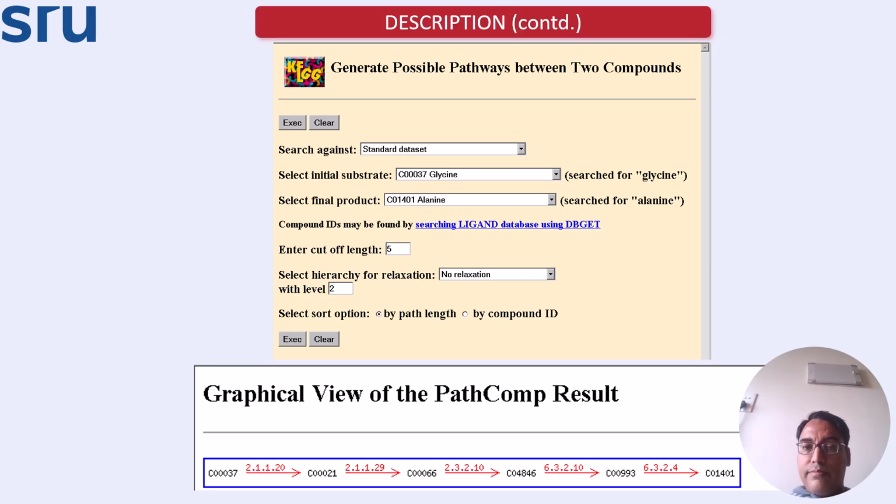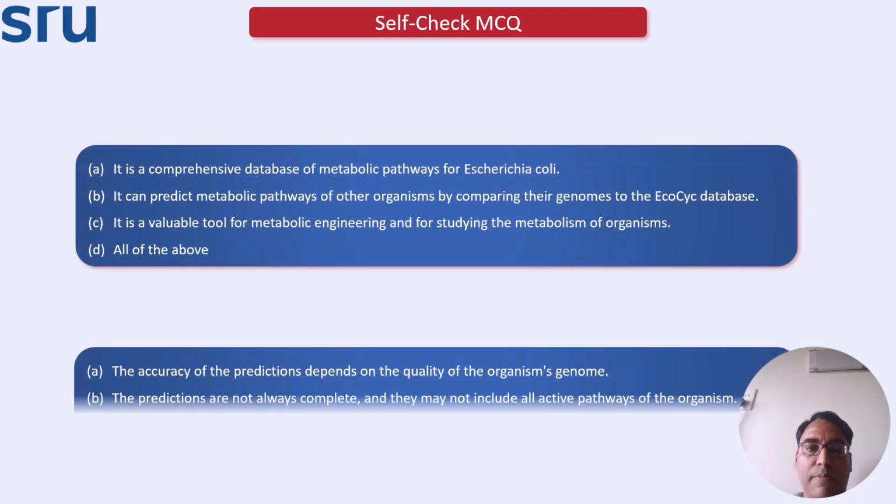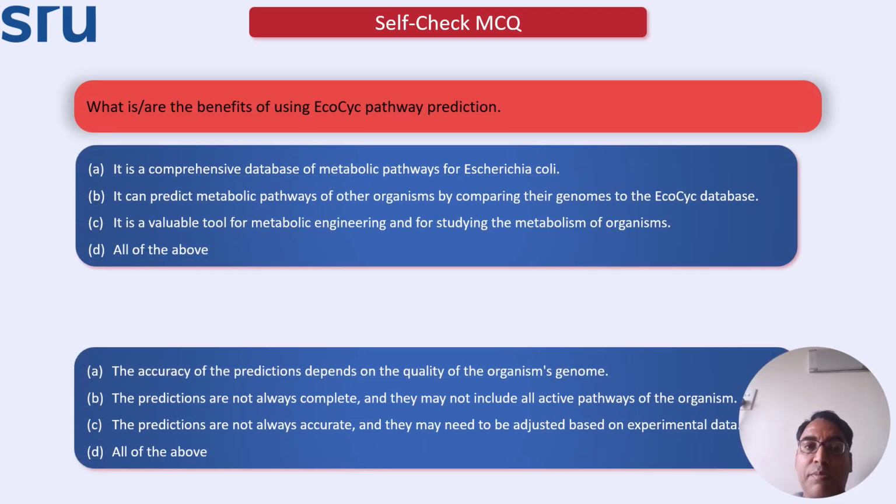Let us understand how much we have understood so far. What are the benefits of using Ecocyc pathway prediction? It is a comprehensive database of metabolic pathways for E. coli. It can predict metabolic pathways of other organisms by comparing their genomes to the Ecocyc database.